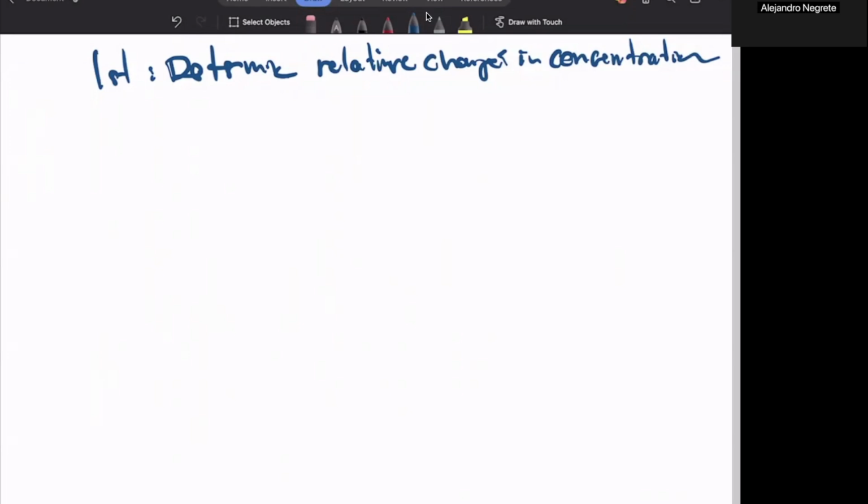We're going to use X in order to help us determine relative changes in concentration. X is just a symbol, a variable, that we use to determine changes in concentrations so we can make calculations later. So let's start with just this reaction here first.